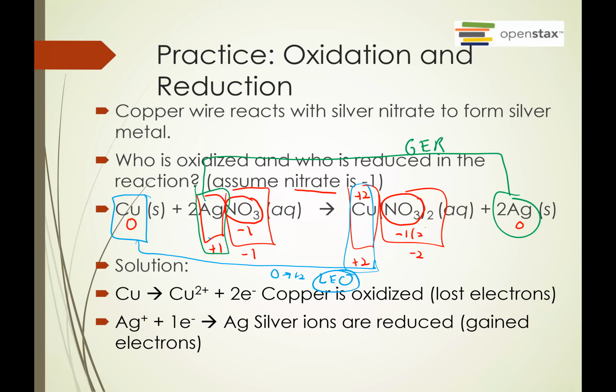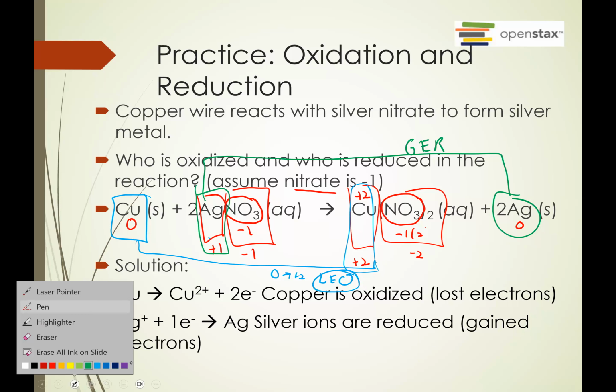You can tell if there's an oxidation reduction reaction. The key, not 100%, but almost 100%, is if you see an element by itself, and then the element is with something else, that's an oxidation reduction reaction. I'm going to choose a different color for all these.